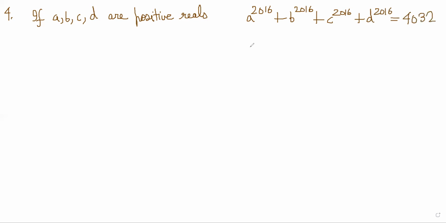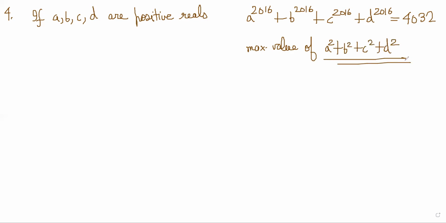You have to find the maximum value of a square plus b square plus c square plus d square. Okay, so I need the maximum value of a square plus b square plus c square plus d square.